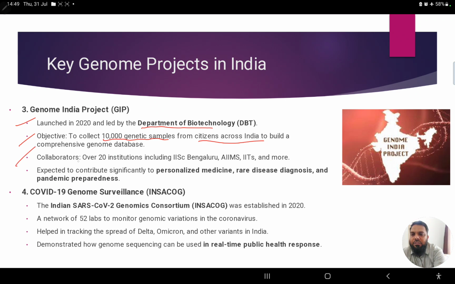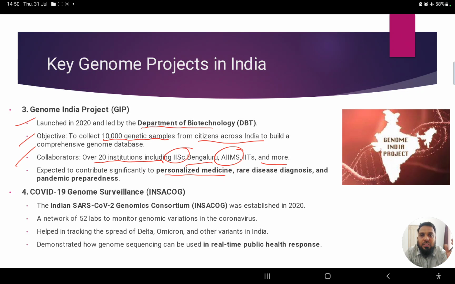Now collaborators, if we see, over 20 institutions including the Indian Institute of Science, Bengaluru, AIIMS, that is All India Institute of Medical Sciences, and IITs, Indian Institutes of Technology, and more. A lot of institutions are involved here. It's expected to contribute significantly to personalized medicine. So India is not behind in comparison to other countries.